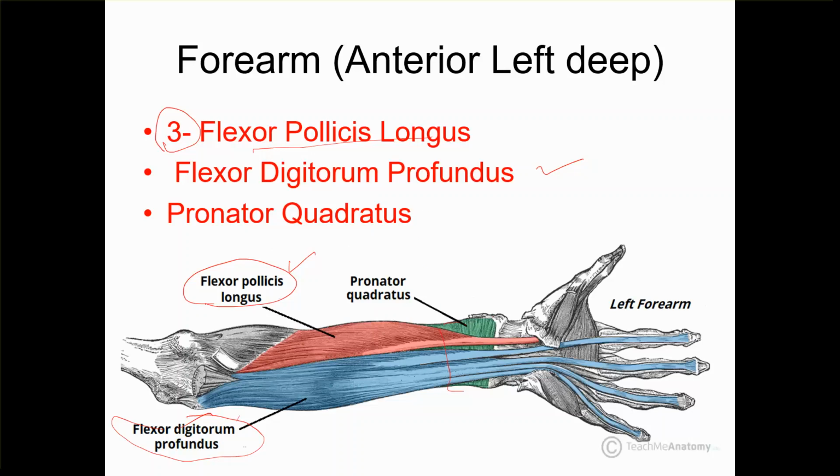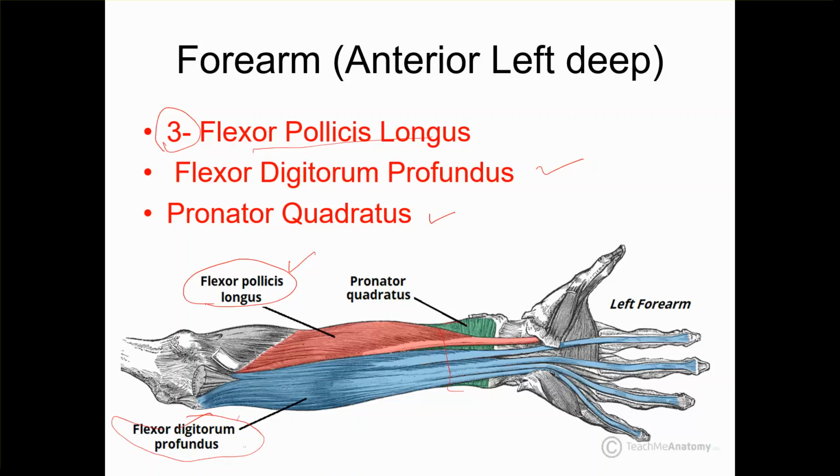There are 2 muscles which help in pronation, pronator teres and pronator quadratus. So these are the 3 deep muscles: flexor pollicis longus, flexor digitorum profundus and pronator quadratus.